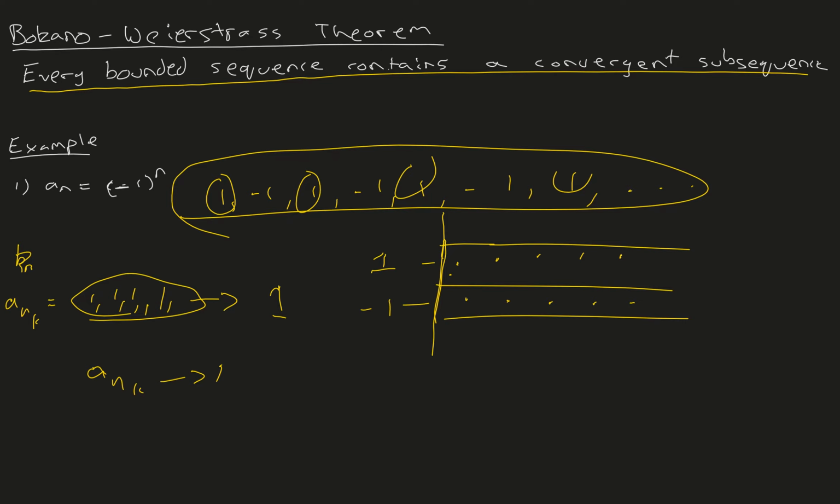Secondly, not every bounded sequence is convergent. Note the sequence a_n = (-1)^n. It is certainly bounded, but it doesn't converge; it diverges, oscillating between 1 and -1. Although it has a convergent subsequence, the original sequence doesn't converge.